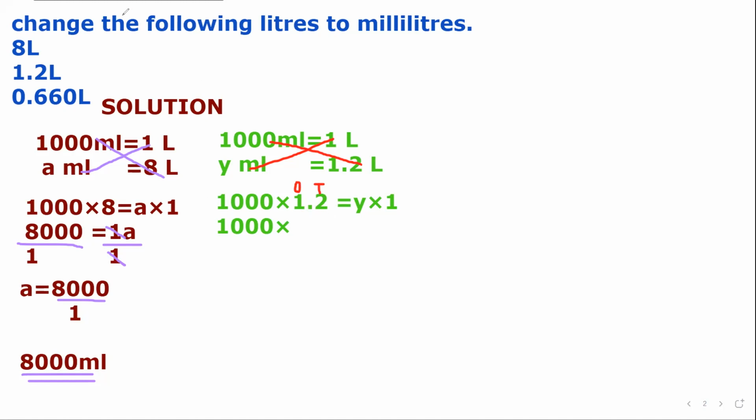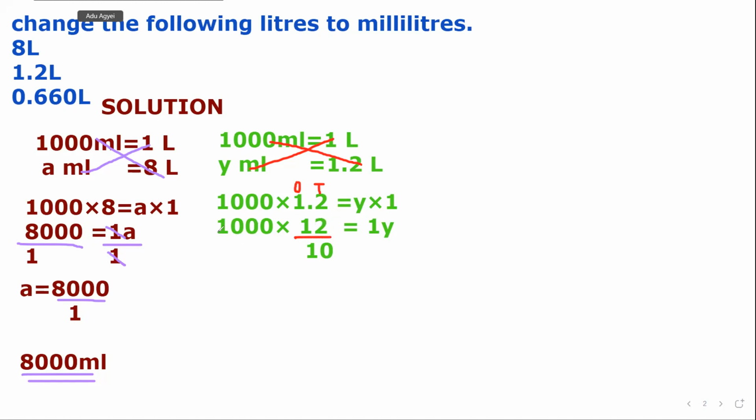So the entire number here is going to be divided by 10. So you have 12 over 10 is equal to 1y. Now, when you divide by 10, the fraction will be out from the number.